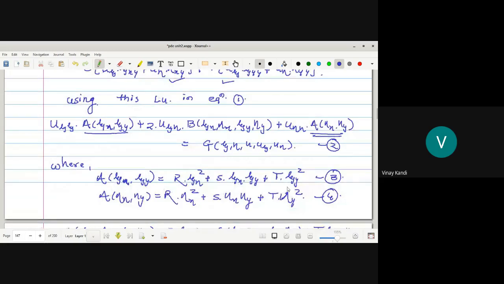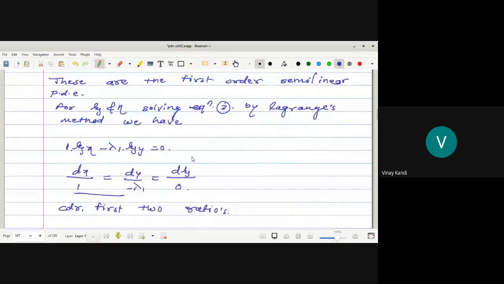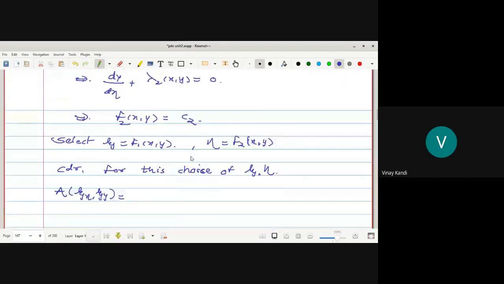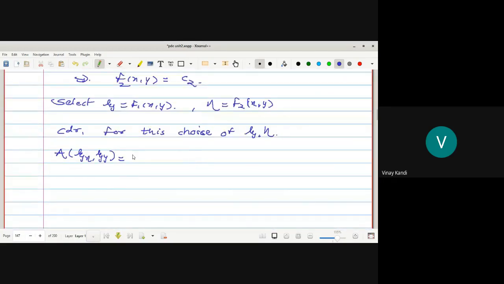A of xi x, xi y, this one. Look here, equation number 3: r into xi x square plus s into xi x xi y plus t into xi y square. This is equation number 3.